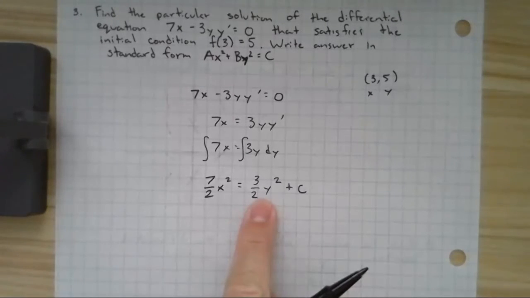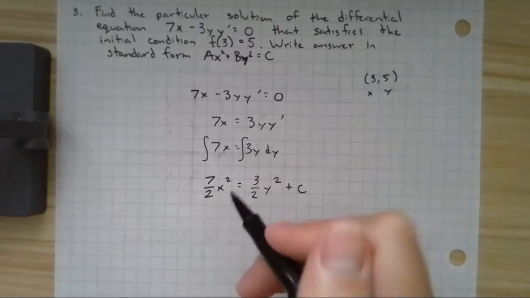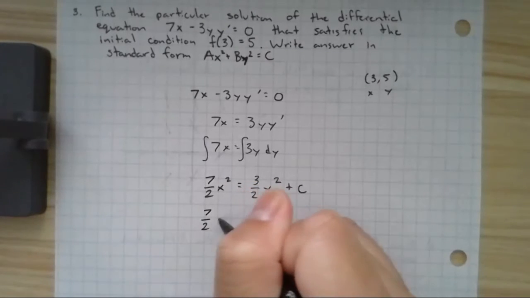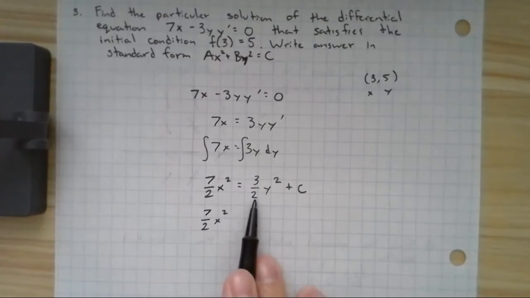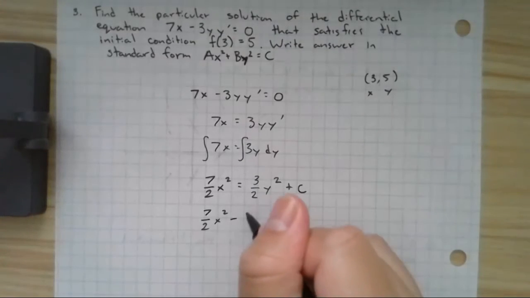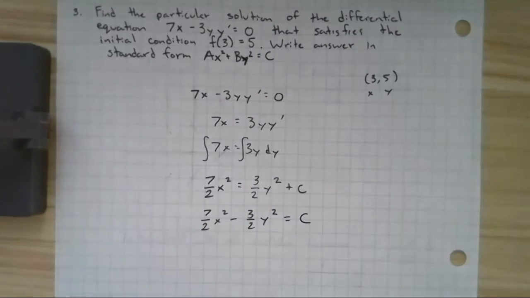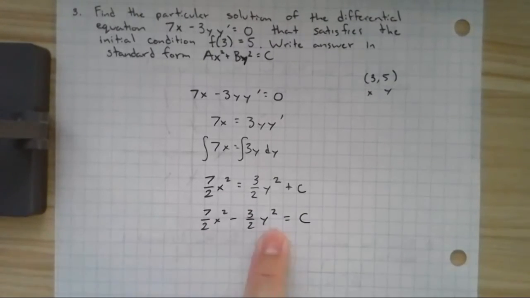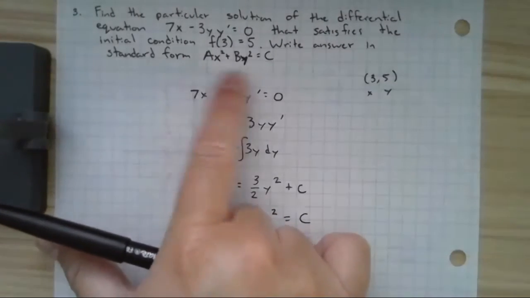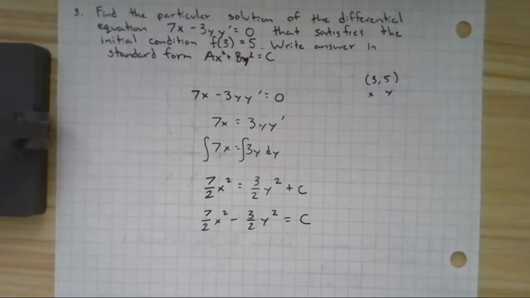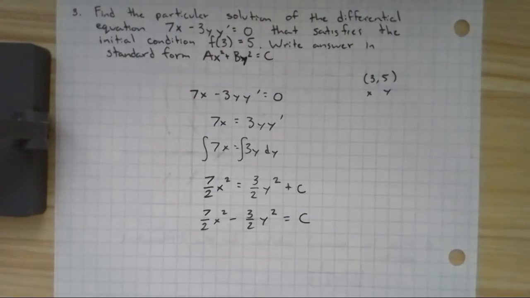So I'm going to very quickly just subtract both sides by 3 halves y squared, because that equals c. All I did was subtract this term back to the left side, so that it starts to take this form on the left side. And then now what you want to do is just plug in that x and that y.